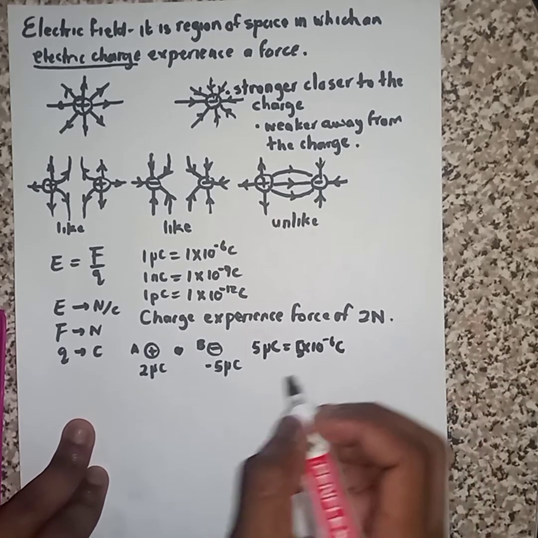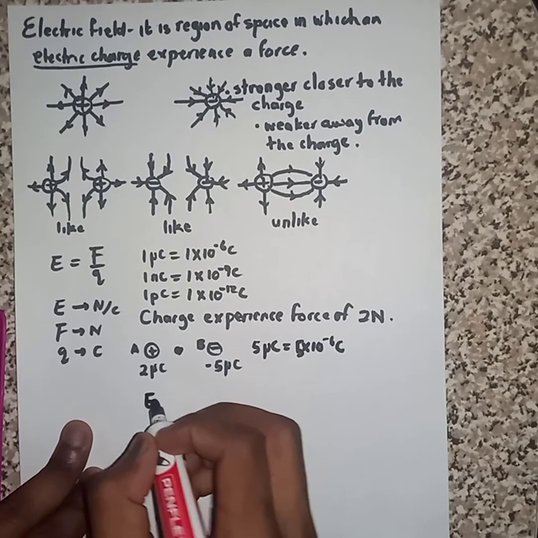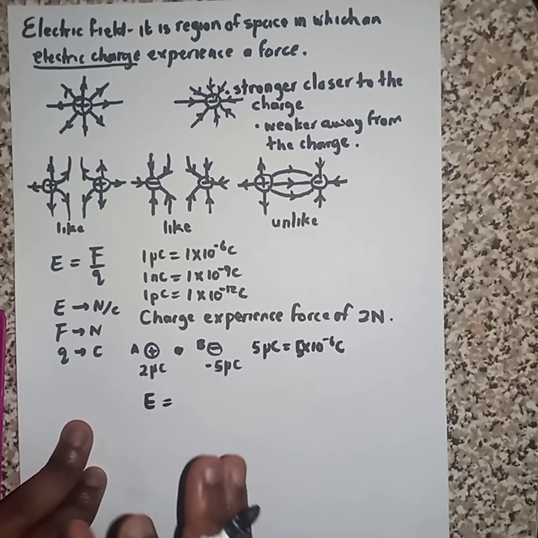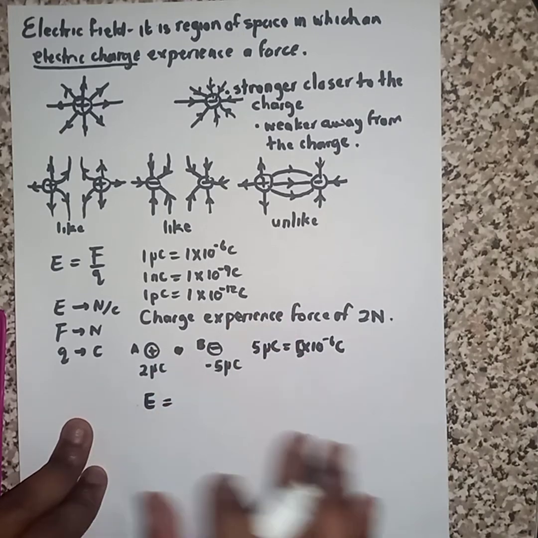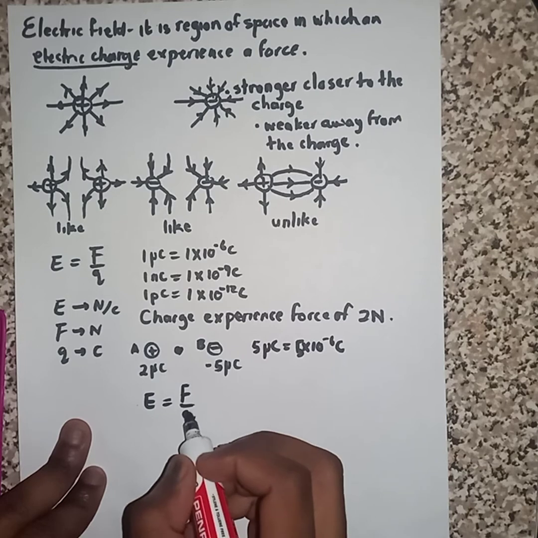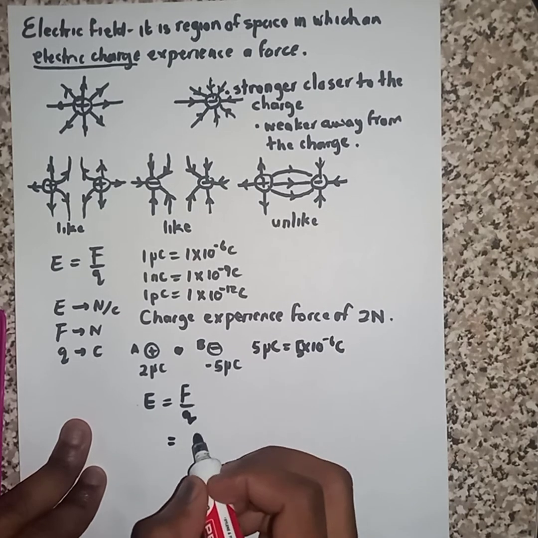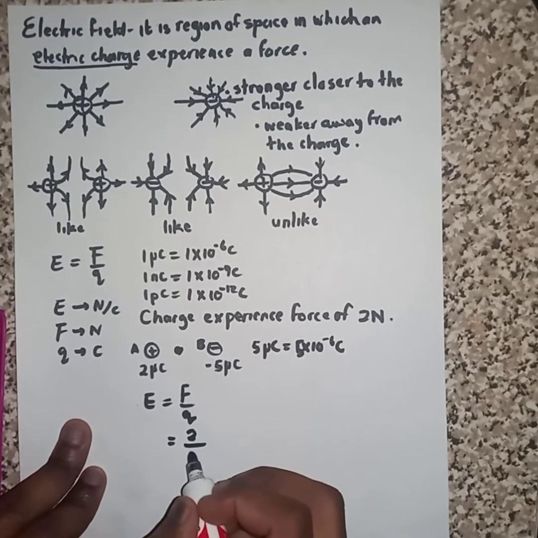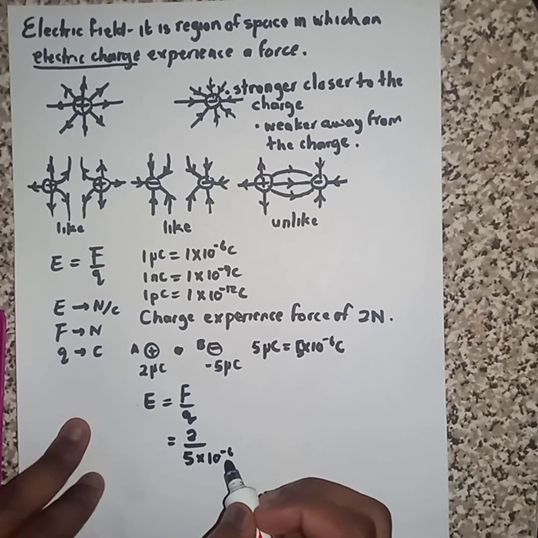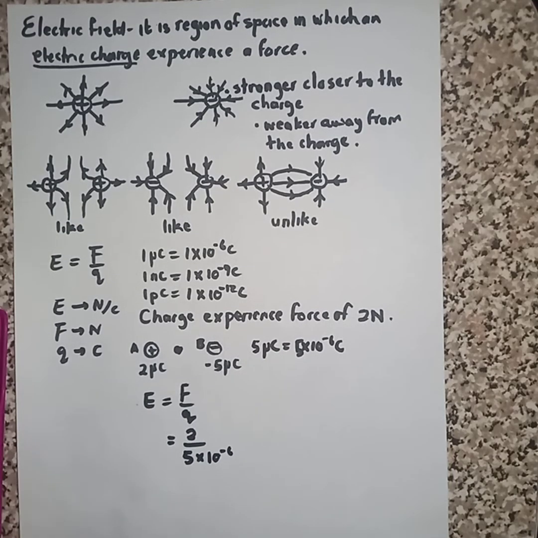Then from here you will just take your formula. We don't have distance. There is no need for us to focus on distance in this scenario. Then from here, you'll take your formula, Q, your force, it was 2. Then we have 5 times 10 to the power of minus 6 coulomb. Let us calculate. 2 over 5 times 10 to the power of minus 6.